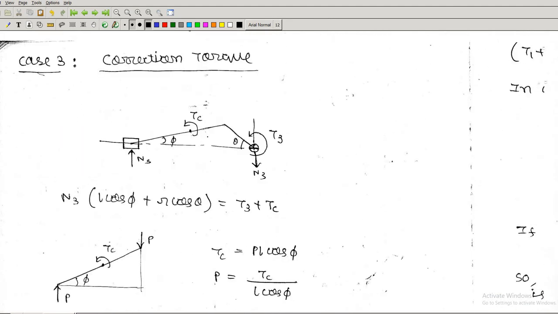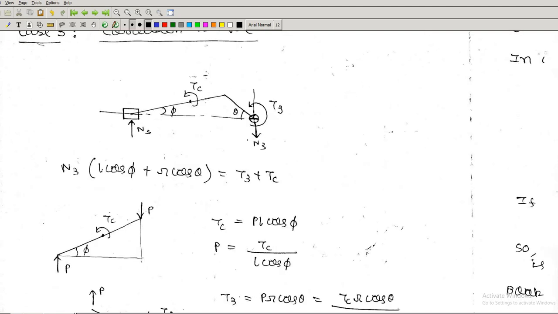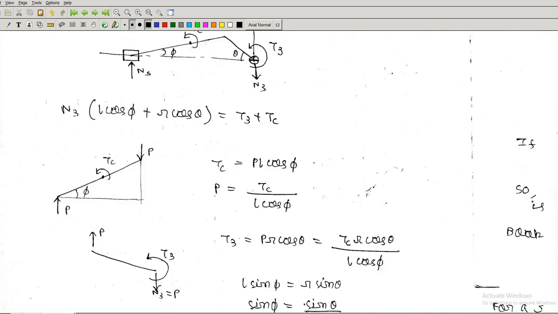Now we have seen the correction torque acting on the connecting rod, because we have divided it in two masses, one at the piston end and one at the crank tip. So here, N3 into L cos phi plus R cos theta is equal to T3 plus Tc, one equilibrium equation, the moment equilibrium equation.